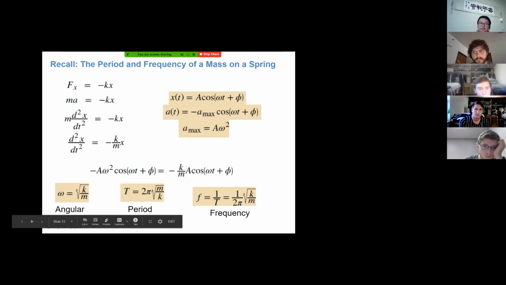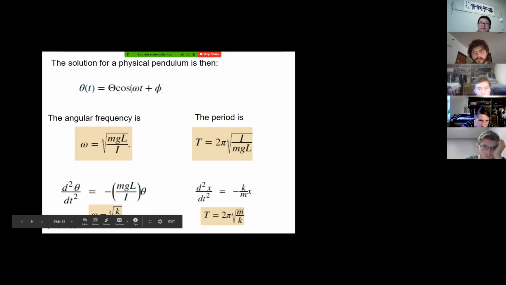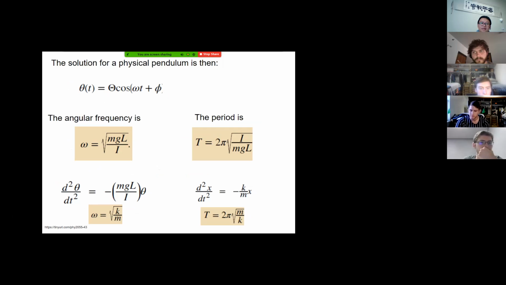Similarly, in this case for a physical pendulum, the angular position as a function of time t should also be a cosine function, with an amplitude, which we just use the capital theta here to represent, times cosine of omega t plus phi.